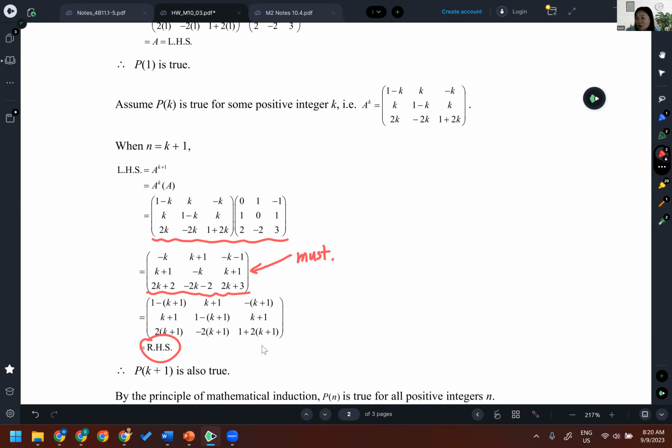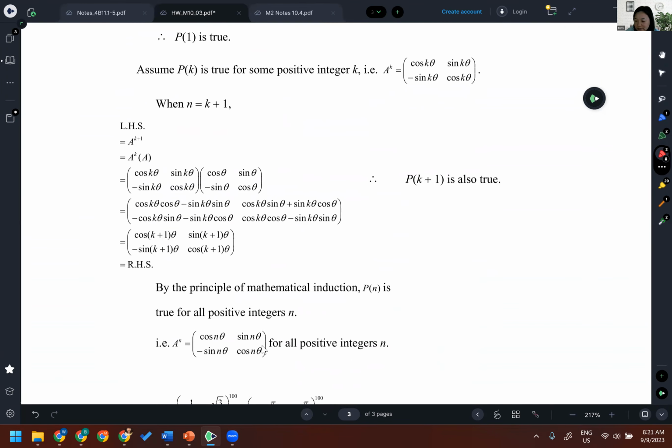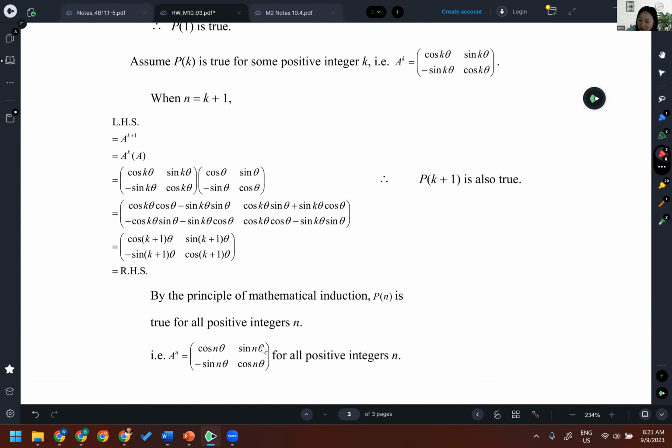Because you have to show the actual multiplication and to verify the result is equal to the right-hand side. You cannot say this is equal to the right-hand side directly. Moving on. Similarly, you have to show this.